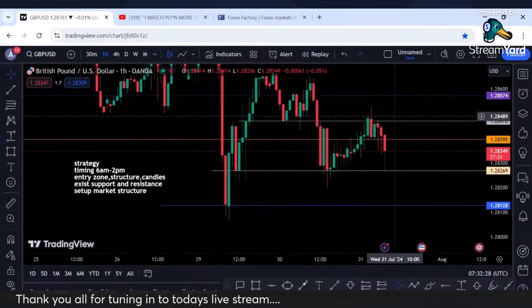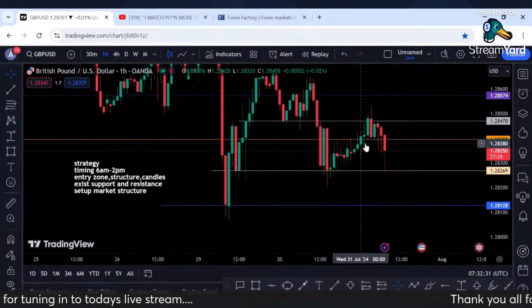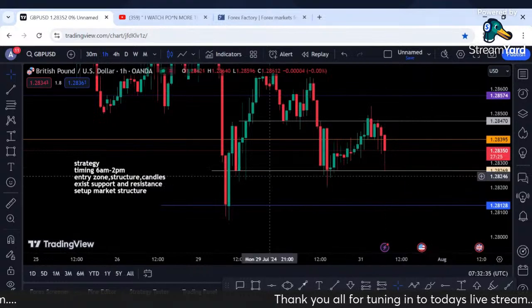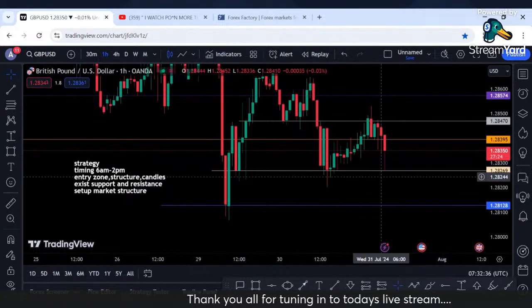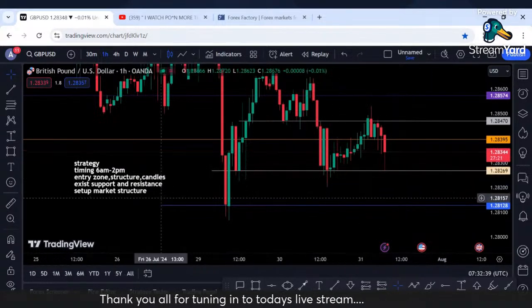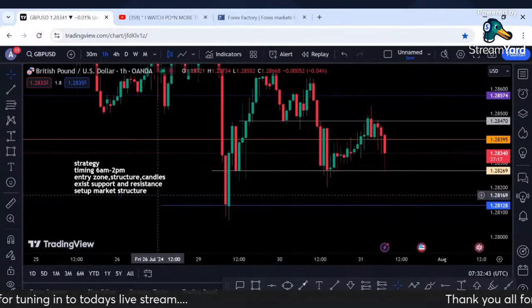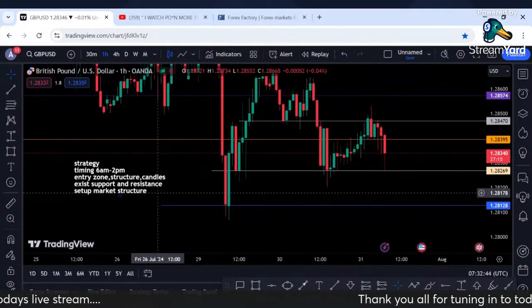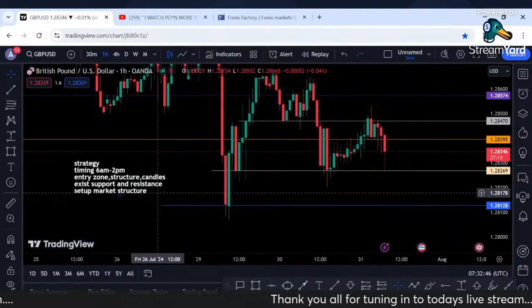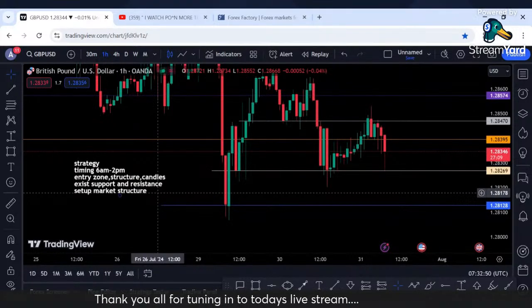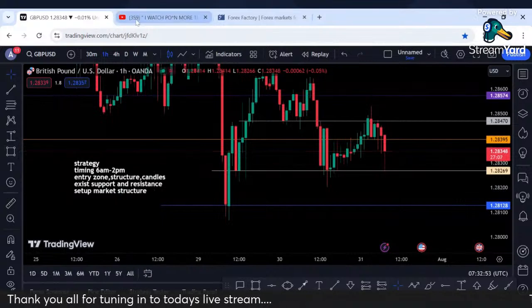I've drawn my support and resistances, I've determined my market structure, and I've determined my zones that I'm going to trade within and other stuff. I factor all these things into consideration to make a decision to wait. You get it? So it comes with a lot of work.